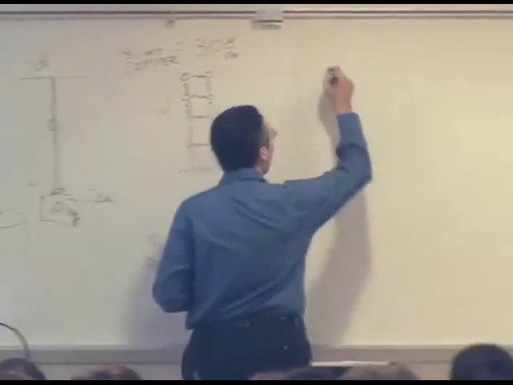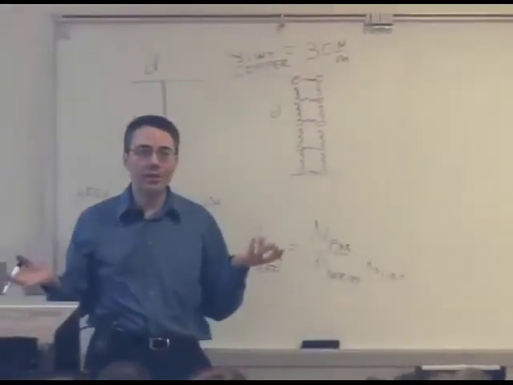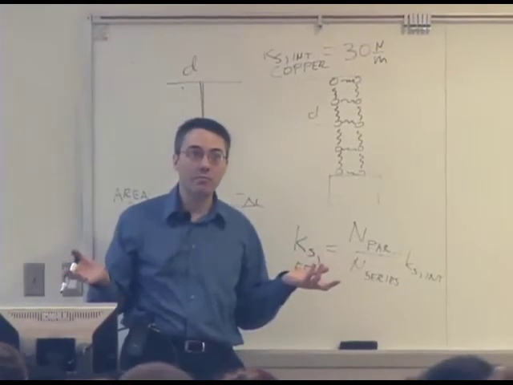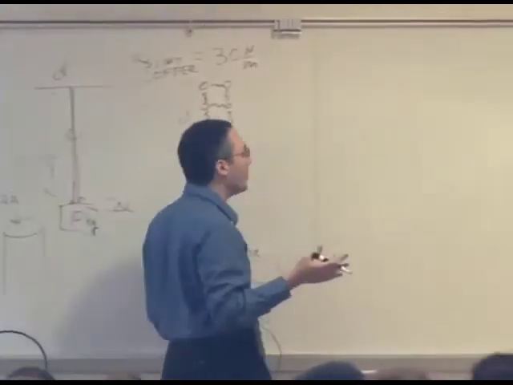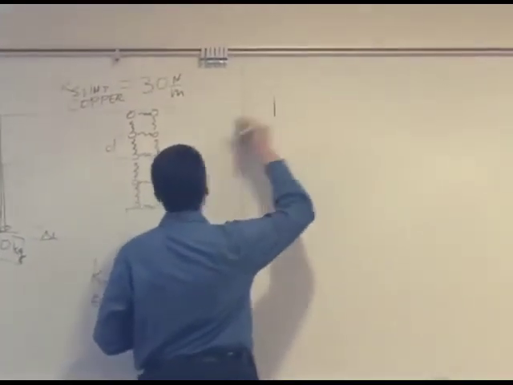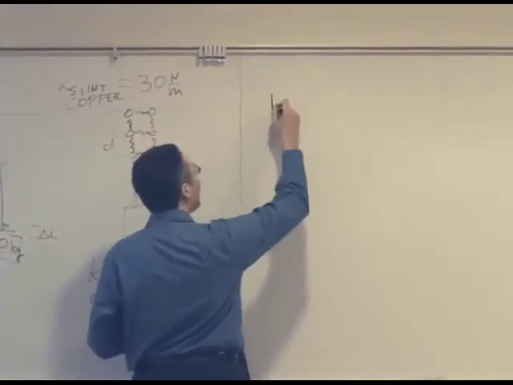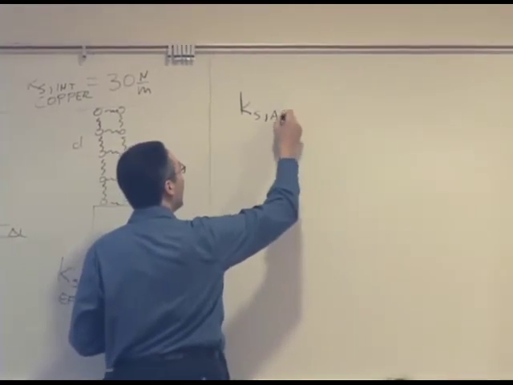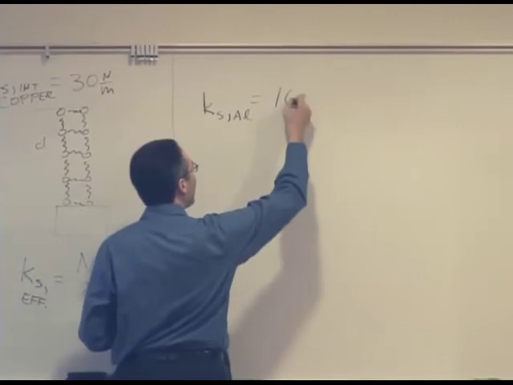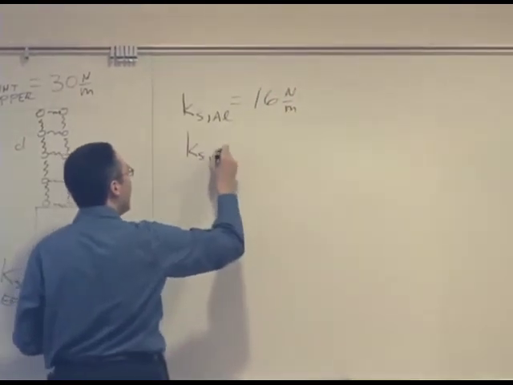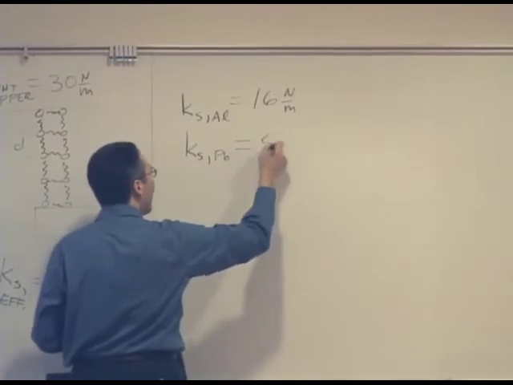Which has the bigger spring stiffness? Lead? Aluminum, right? It's stiffer, so it has a higher spring constant. In fact, it turns out if you do the same sort of calculations as we did last time, you'd find that k_s for aluminum is, I think, about 16 newtons per meter. k_s for lead is something like 5 newtons per meter.